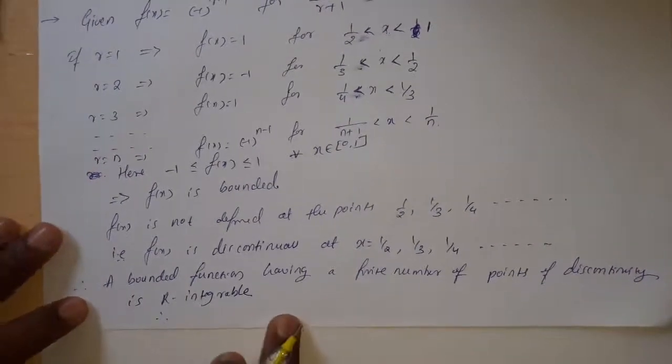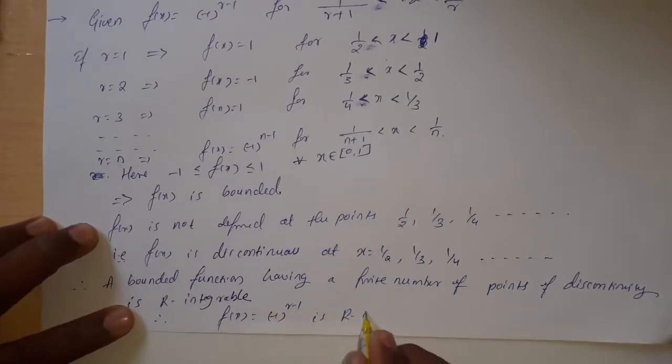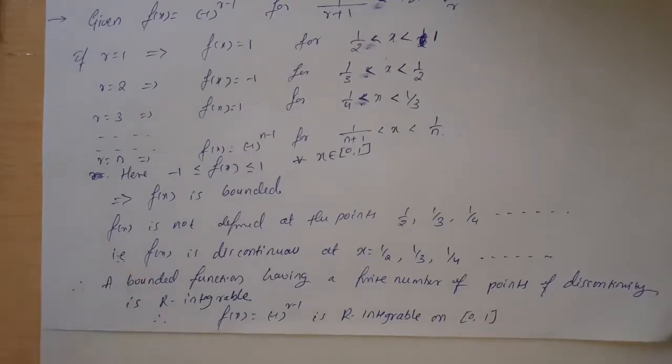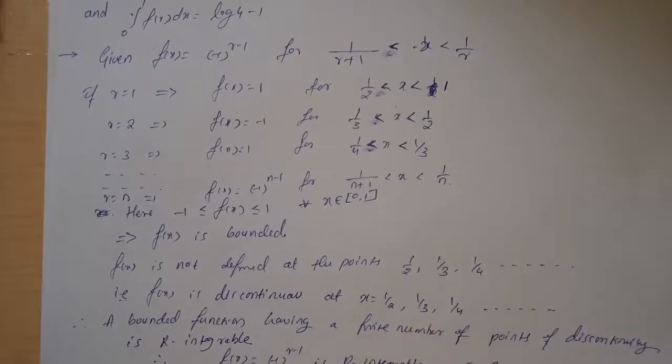So, we can say that f of x equal to (minus 1) to the power r minus 1 is R integrable on the closed interval [0, 1]. Therefore, this is the first part of the proof.